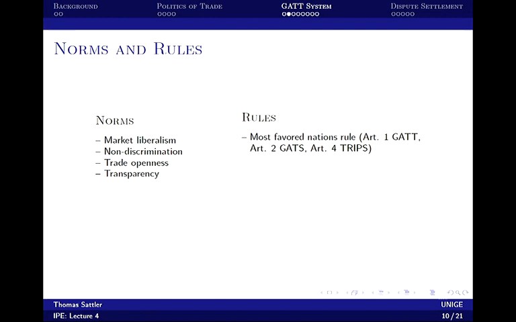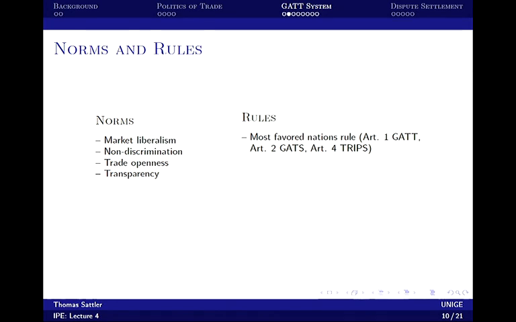So if Ireland enters the WTO, it needs to lower the tariff towards Germany to the level of tariffs towards Britain. So the tariff on imports from Germany decreases from 10 to 5%. Just by one entry, the tariff level decreases massively, because it needs to do that vis-a-vis all the other WTO member countries.